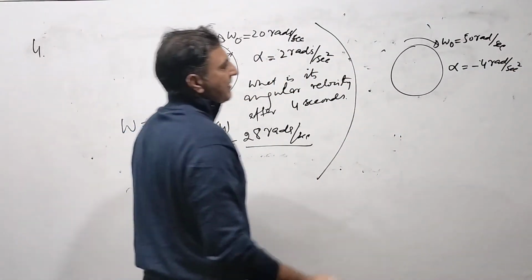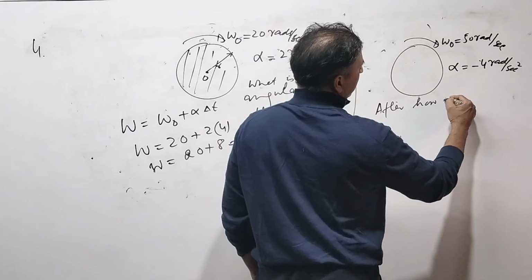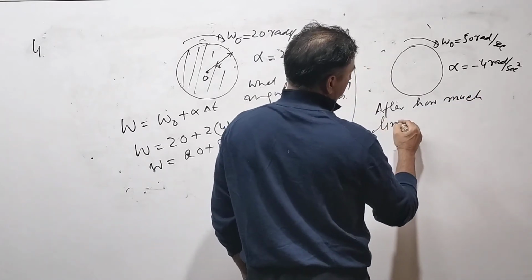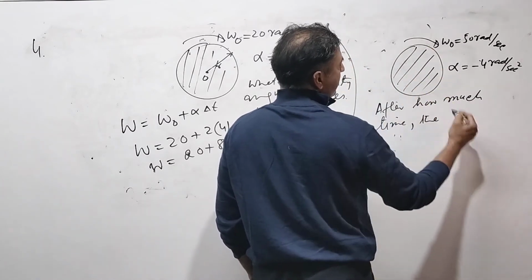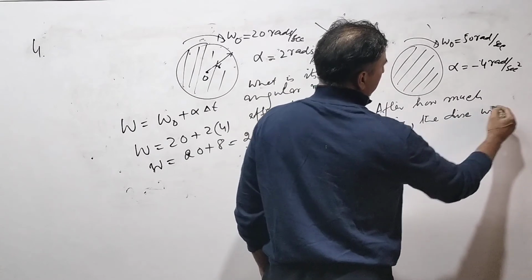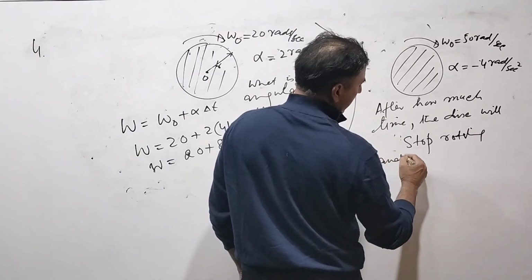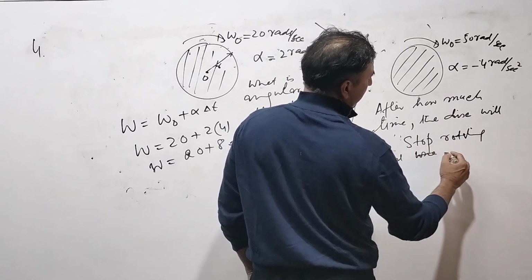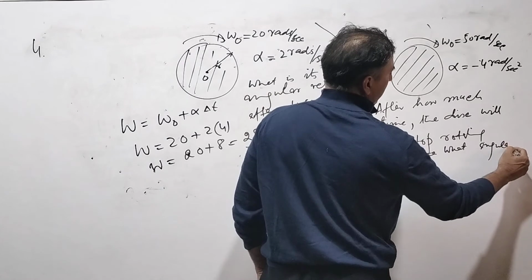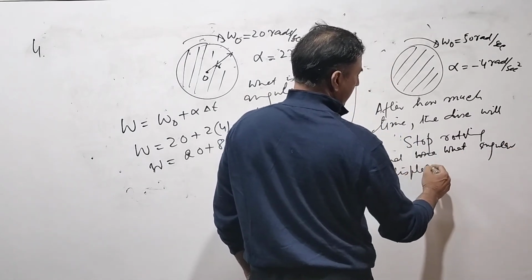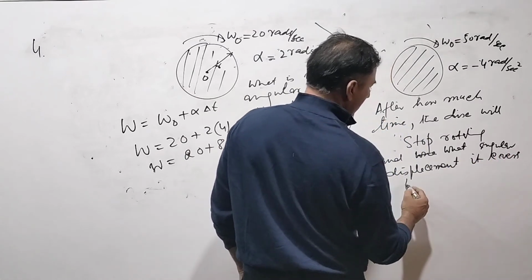The question is something like this: after how much time will the disk, or the sphere or anything, stop rotating? And what angular displacement does it cover before stopping?